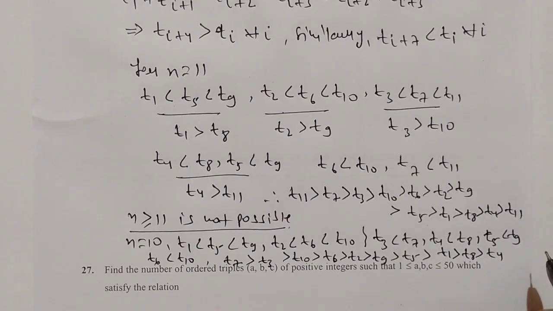So the sequence for n equal to 10 is the largest possible sequence.